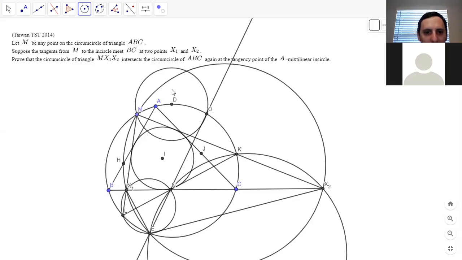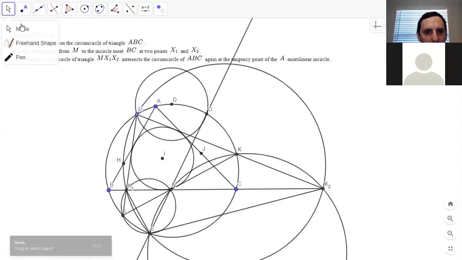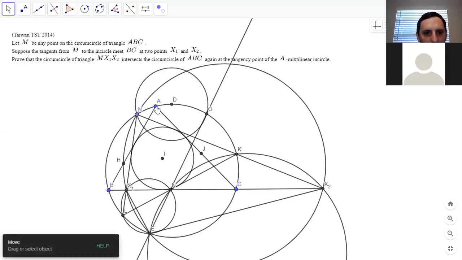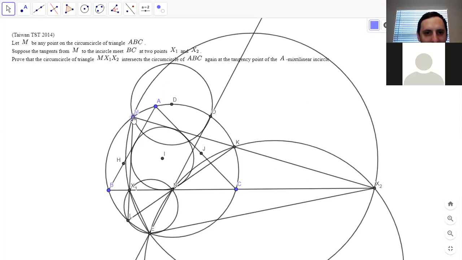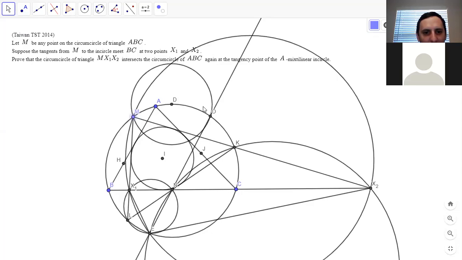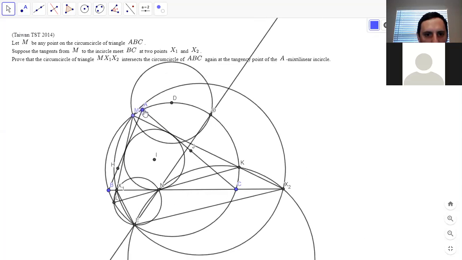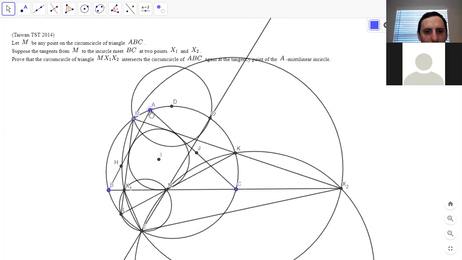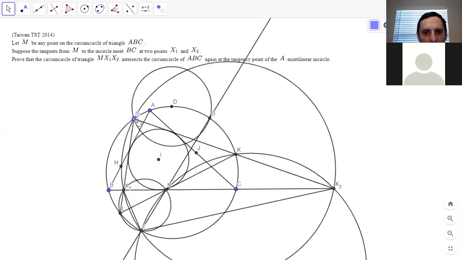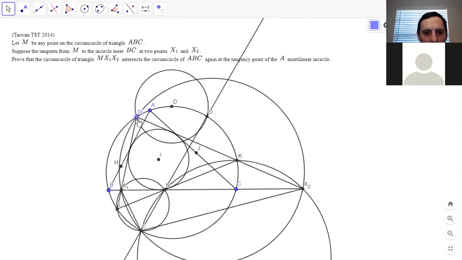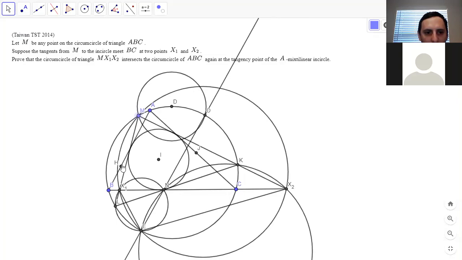Oh wait, is D really the midpoint of arc MO? It looks like it, yeah. So somehow, I don't know if I just got lucky. That looks like it's definitely true, or at least it seems pretty true.